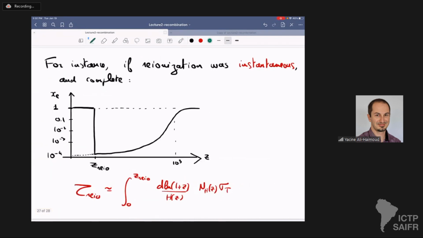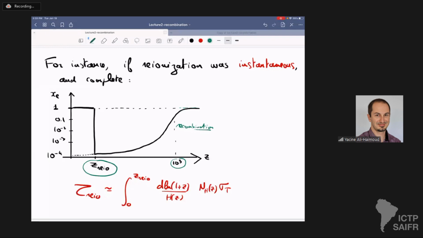So, for example, if you assume that reionization happened instantaneously at some redshift Z reionization, the picture is that we start with a universe which is fully ionized. Around redshift 1000, we have recombination, and most CMB photons scattered for the last time from this redshift. But then around some redshift Z reionization, which could be between 5 and 10, the universe gets, and here we're going to assume, fully reionized.